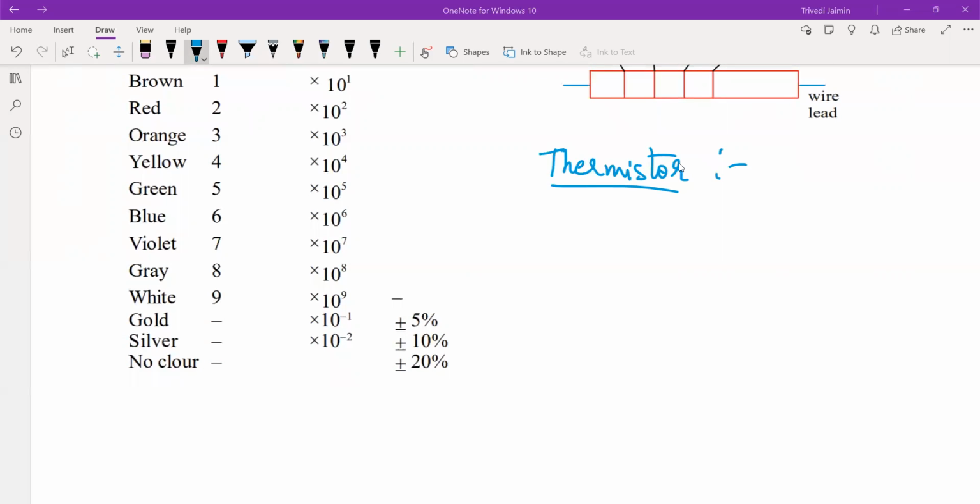It doesn't follow Ohm's law, it follows a non-ohmic graph. So it is specially made up of semiconductors, which have ferrous, cobalt, nickel. That means it has high temperature coefficient.